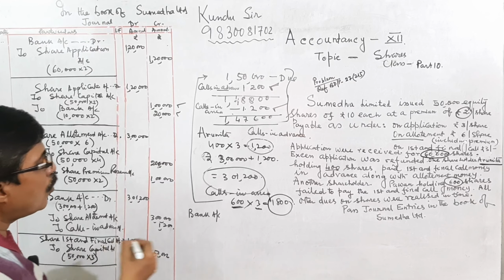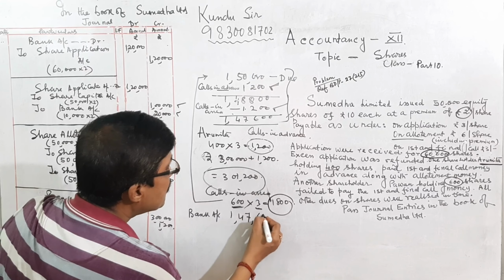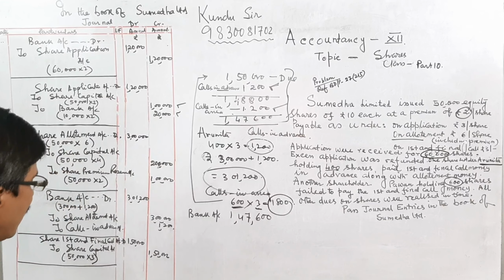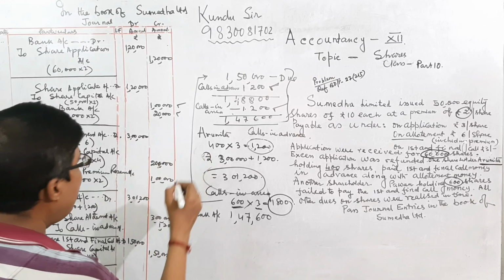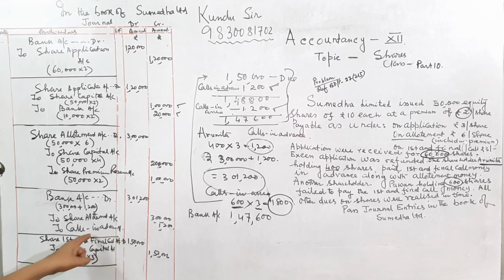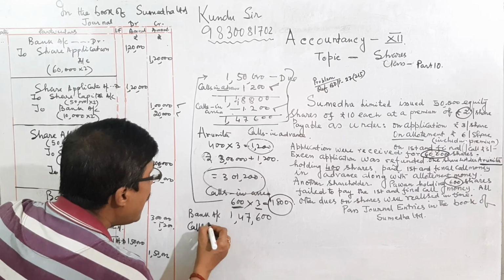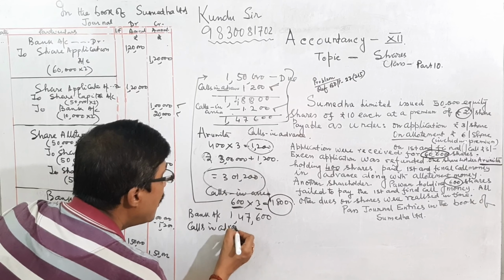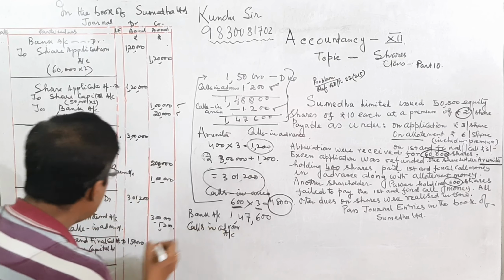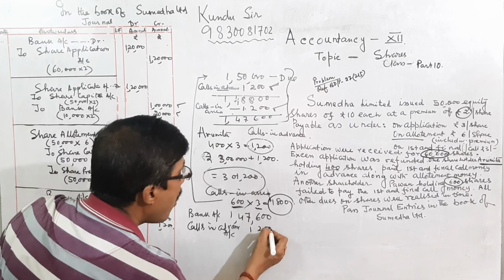Now bank account 1,47,600 we are getting. Now calls in advance, which was lying in credit, is to be debited. Calls in advance account, it is lying 1200.